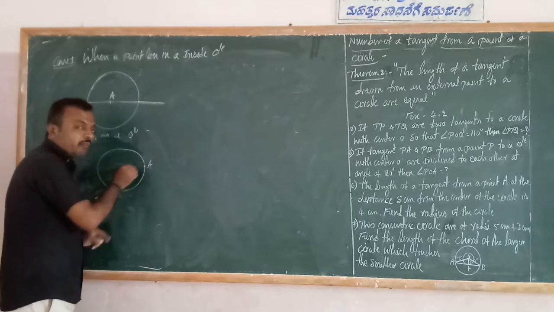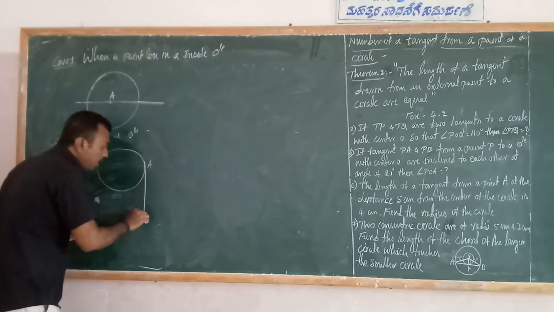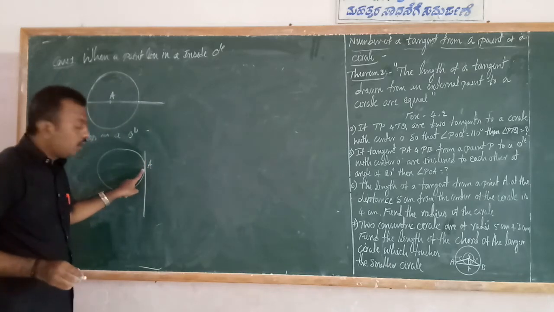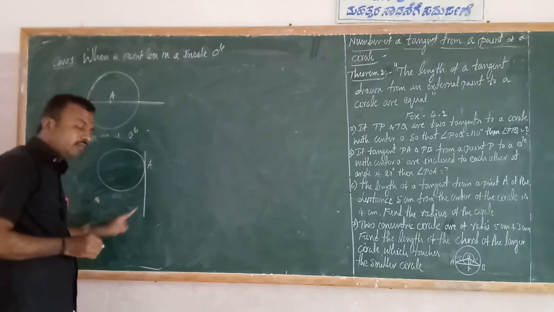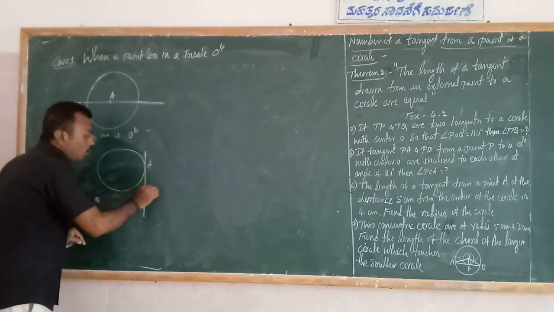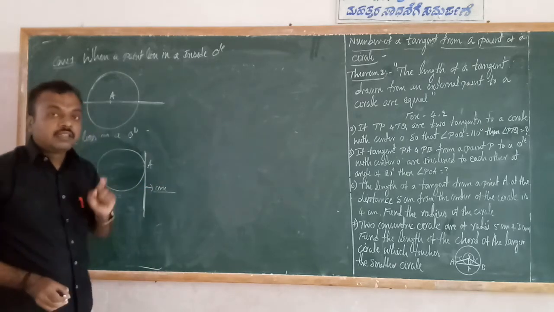Can I draw a tangent from point A to the circle? Yes. So how many tangents can be drawn from a point that lies on a circle? There is only one tangent that can be drawn to a circle from a point lying on the circle.